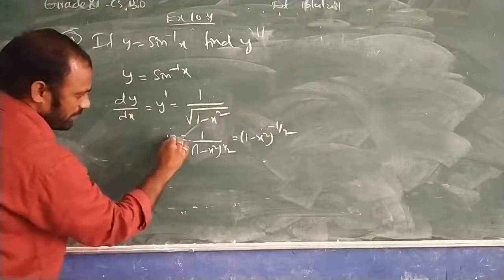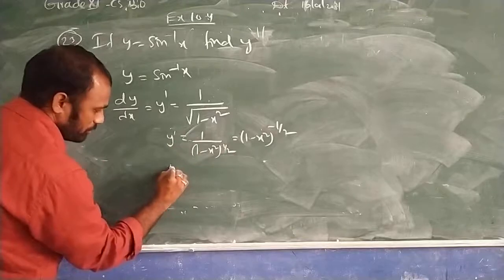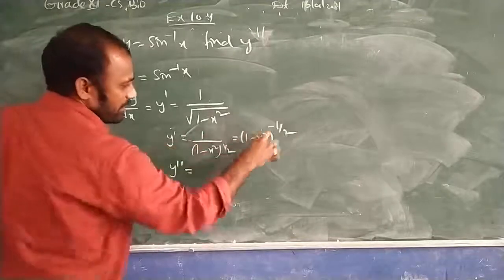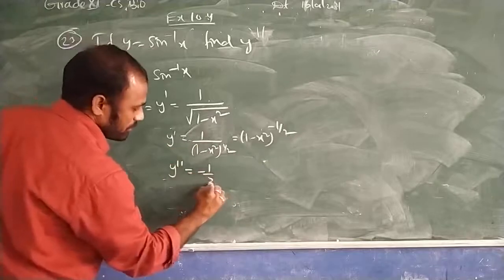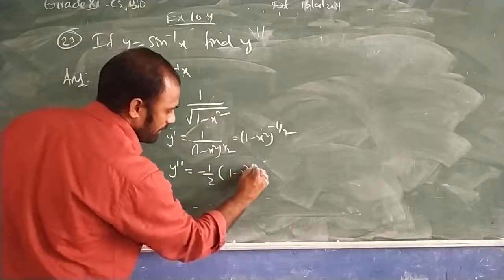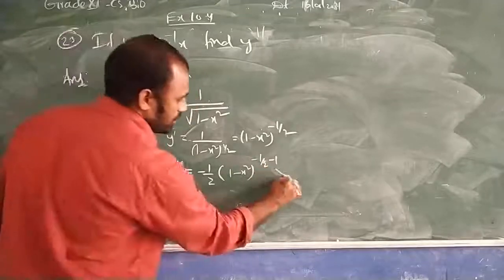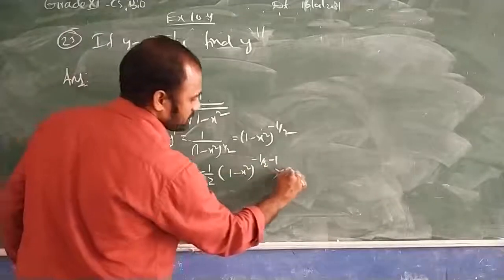So for this y dash function, I will do another derivative, that is y double dash. It is in the form of x power n. So minus 1 by 2 into 1 minus x square whole to the power of n minus 1, into the derivative of minus x square, which is minus 2x.